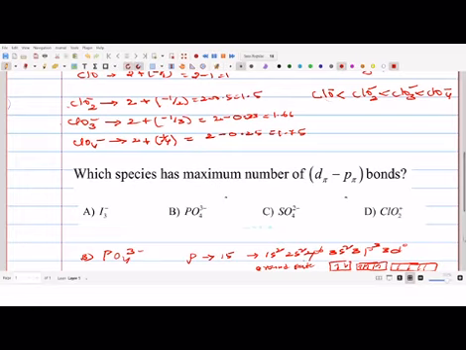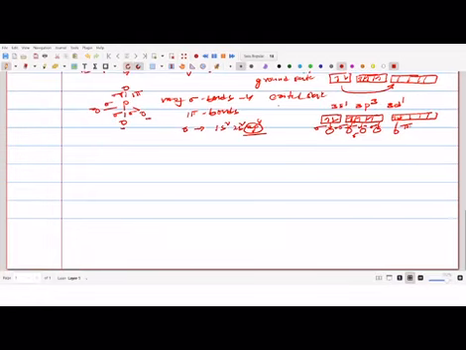Oxygen will show one pi bond: this is the d pi from phosphorus, and with oxygen it is the p pi. So the number of d pi-p pi bonds is only one in PO4 3 minus.